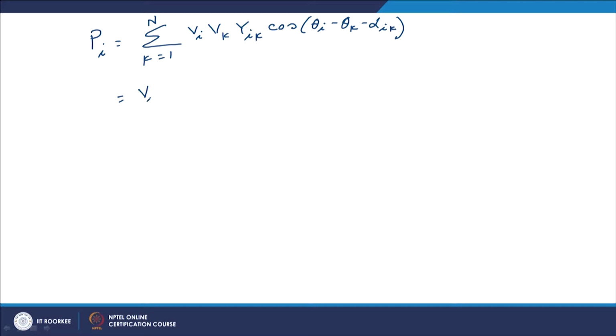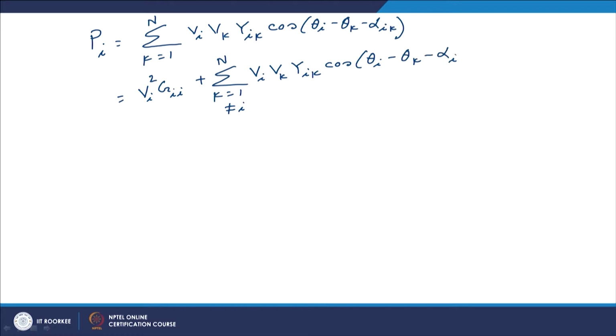We have already seen it is Vi square Gii plus the sum over k equal to 1, k not equal to i, of Vi Vk Yik cos(theta i minus theta k minus alpha ik).